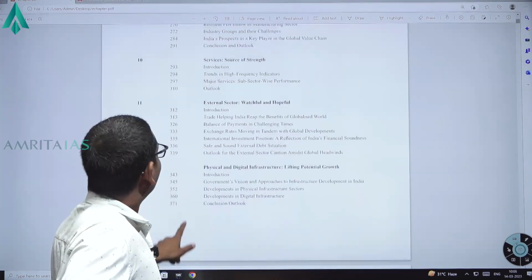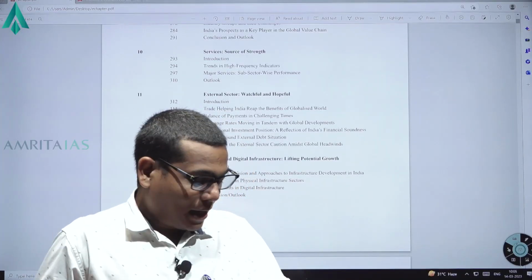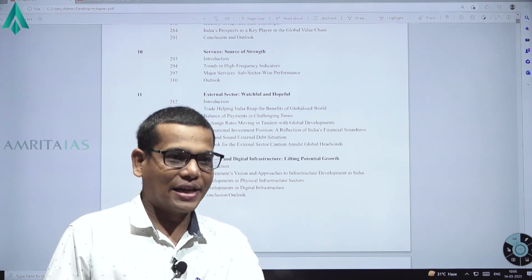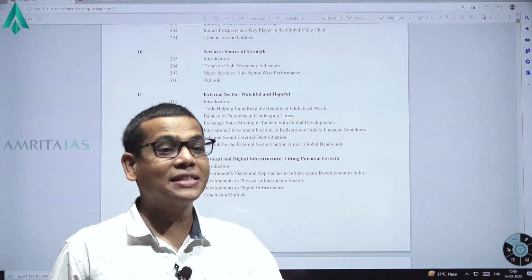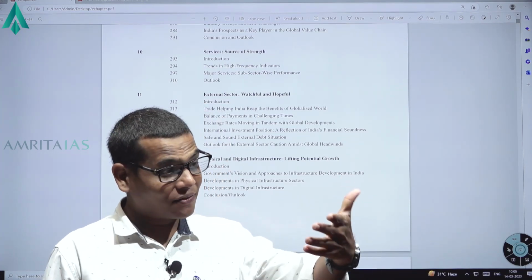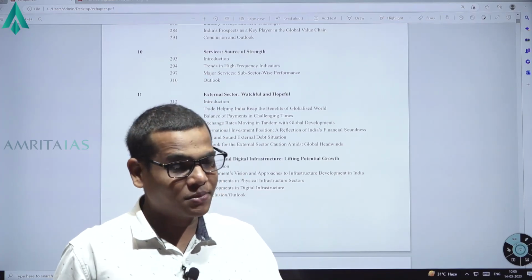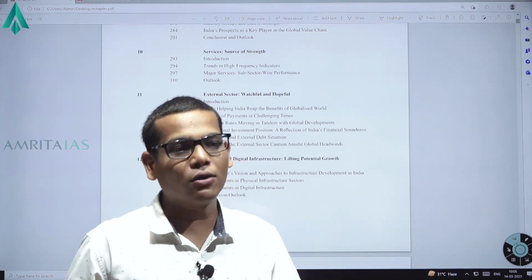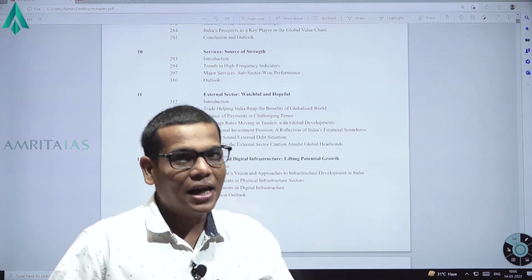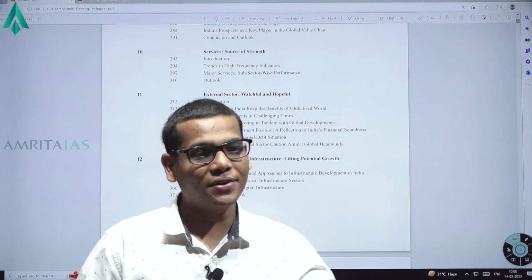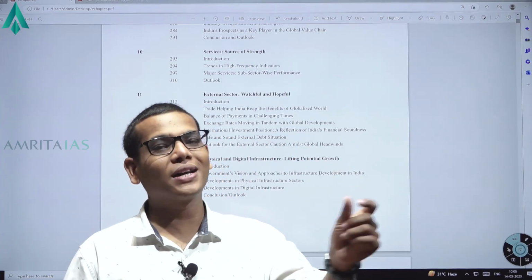Next, the 11th one, external sector, watchful and hopeful. Yes, external sector is important for prelims. In this, how much exports we are doing, how much imports, what is the level of deficits, what are the reasons for the deficit, and what is the level of investment we are attracting, both direct investment and portfolio investment, what is the level of inflow and outflow, how it is impacting our forex reserves, and ultimately our external debt payable capacity, and also the requirement of foreign exchange reserves to meet your regular imports.